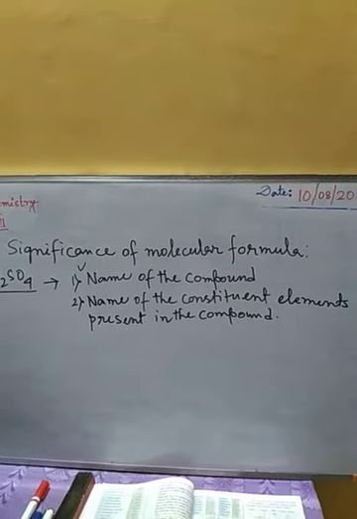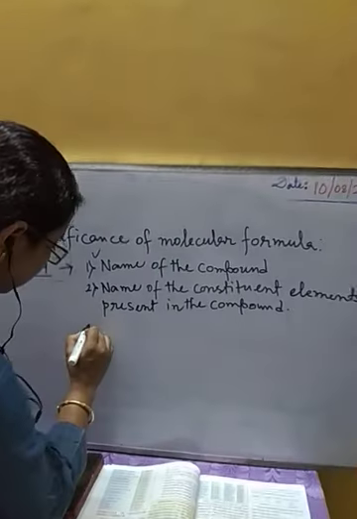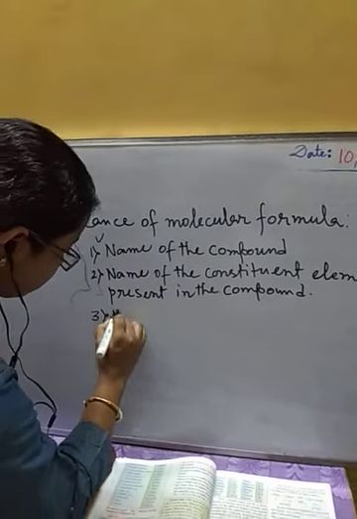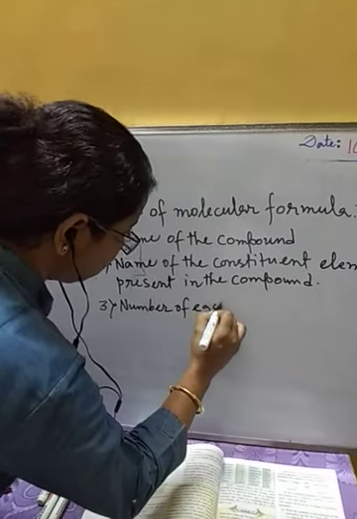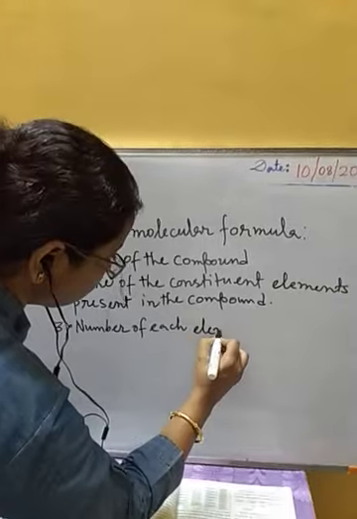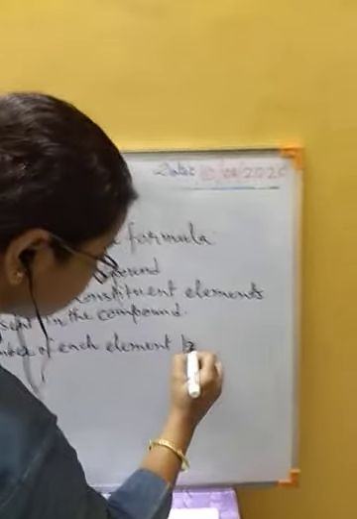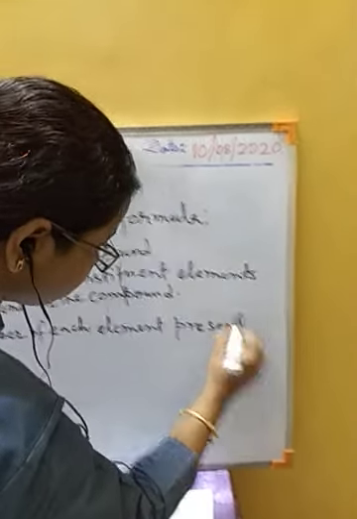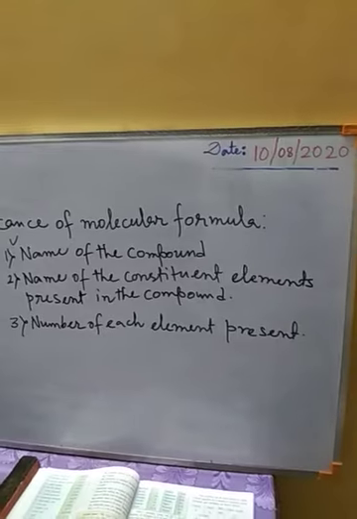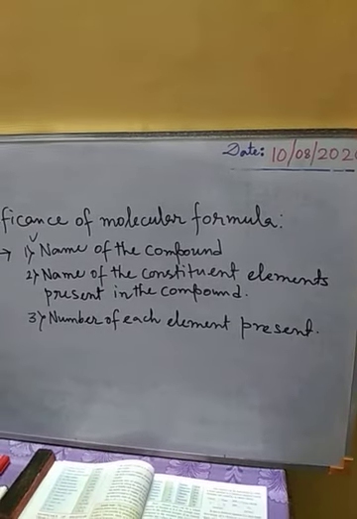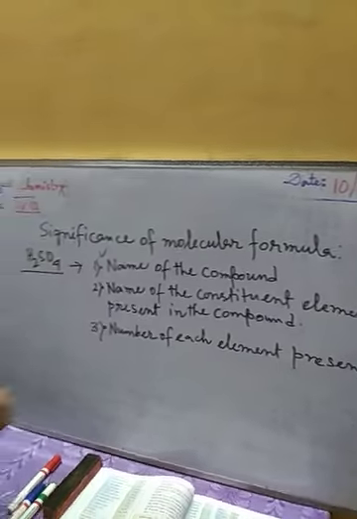the number of each and every element we can get from the molecular formula. So next, number of each element present in the compound. That means here 2 hydrogen.